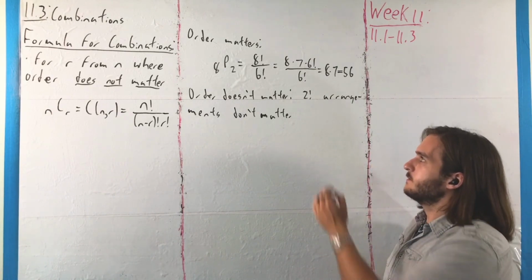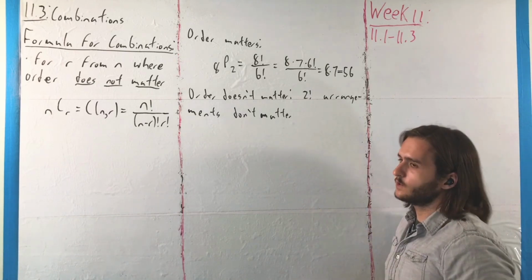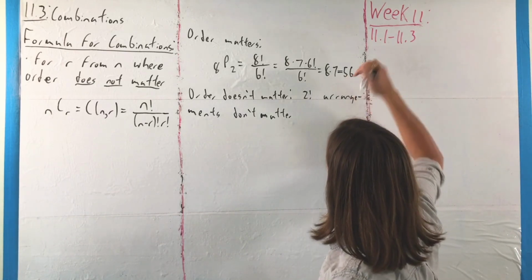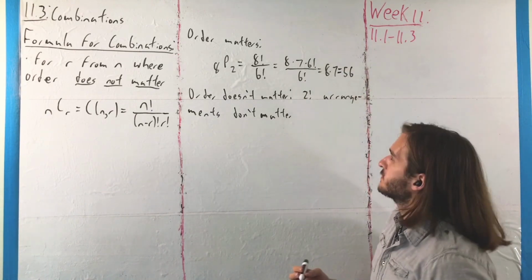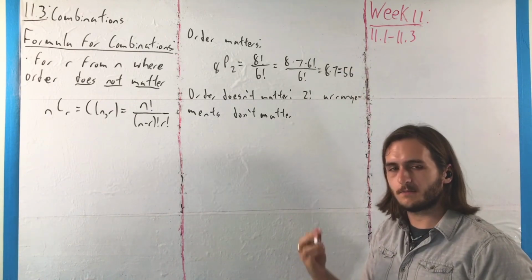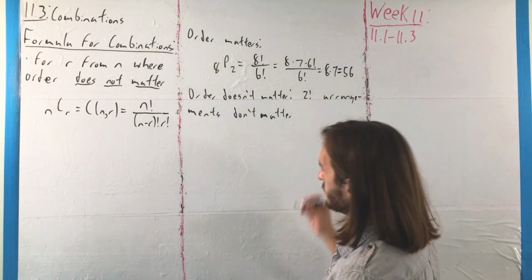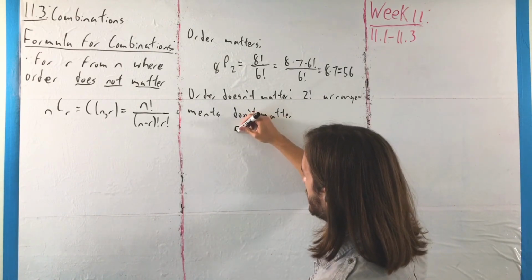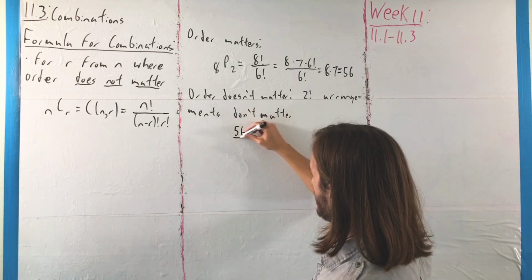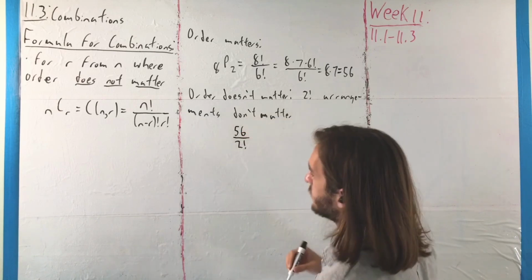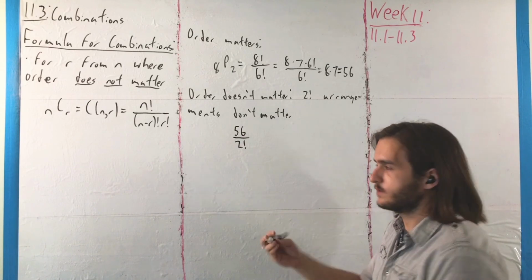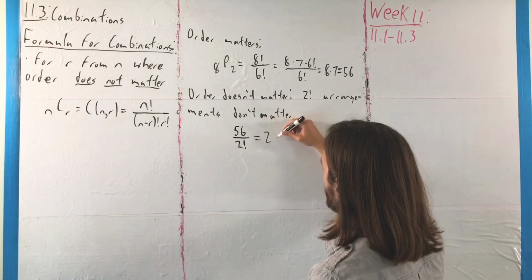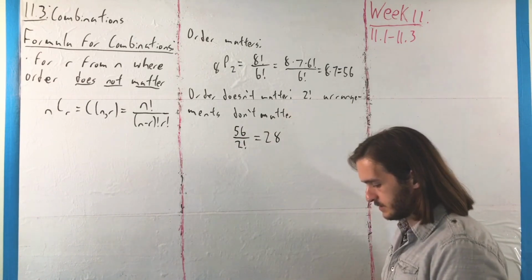So, if we don't care about those 2 factorial options, what we could do is take the whole 56 and divide it by 2 factorial, where we would end up getting, in this case, because 2 factorial is 2 times 1 or 2, 28 options.